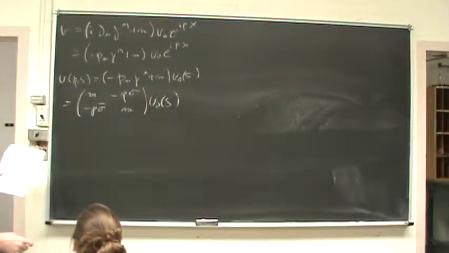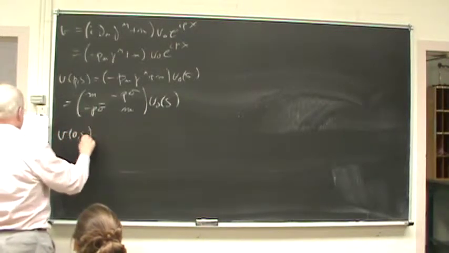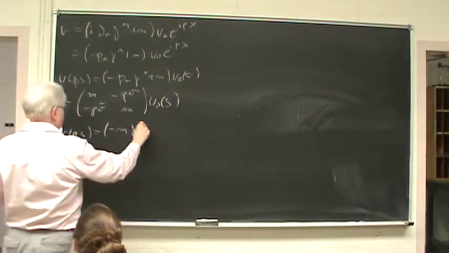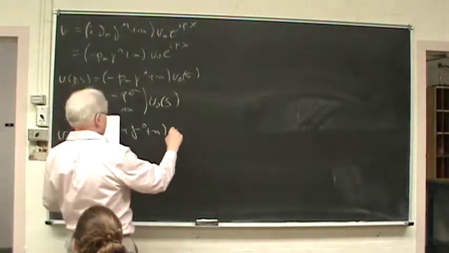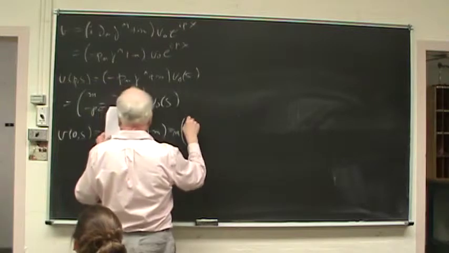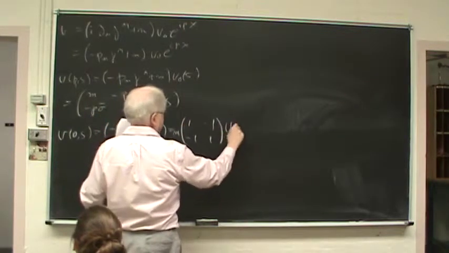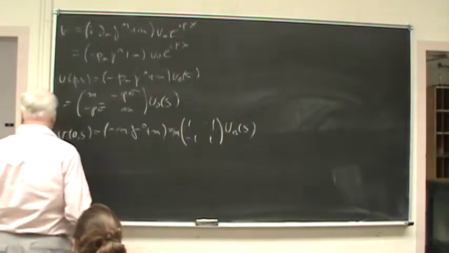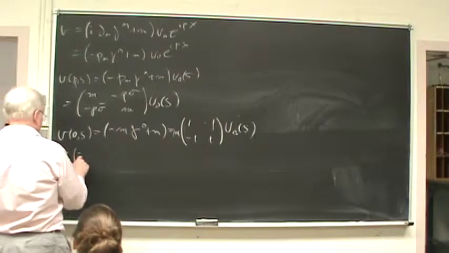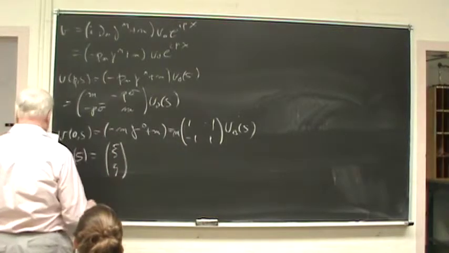And for p equals 0, then v of 0 of s is minus m, 0, plus m. And this is, well, if I factor out an m, I get m, 1 minus 1, minus 1, 1 on v0 of s. And so we set v0 of s equal to, let us say, c zeta.